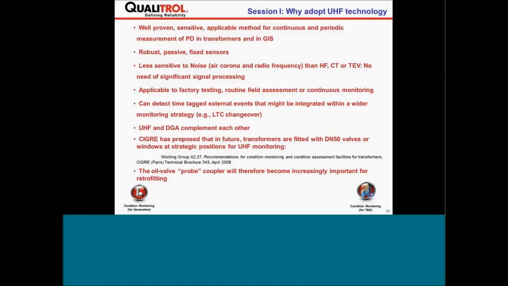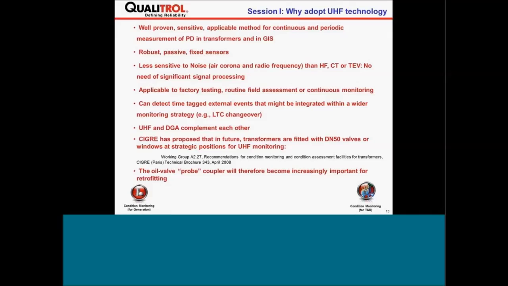What we mean by that is that it's the relationship of the PD activity to, say, the change of a tap changer or the load on a transformer. External events can have an effect on the transformer and its PD activity, and we can correlate these.